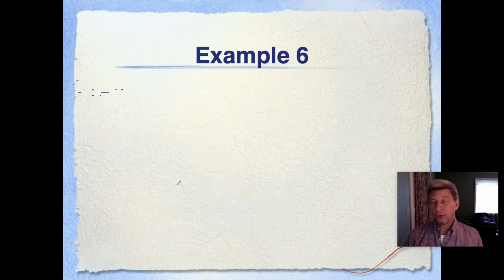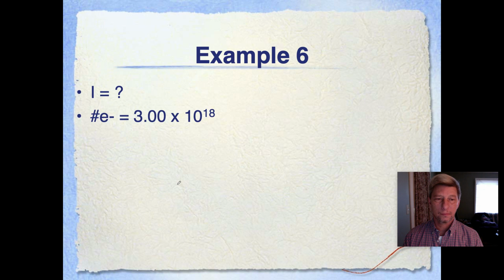So let's go through this here. Obviously, the question is, what is the current? So I is my big fat question mark in this case. Now, I know the time, but I don't know the charge. So the number of electrons is 3.00 times 10 to the 18th.